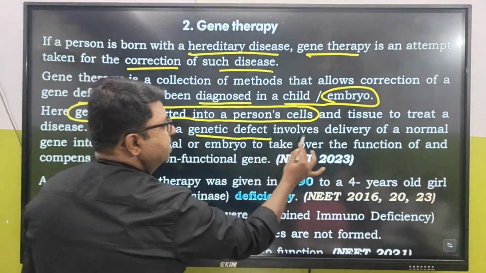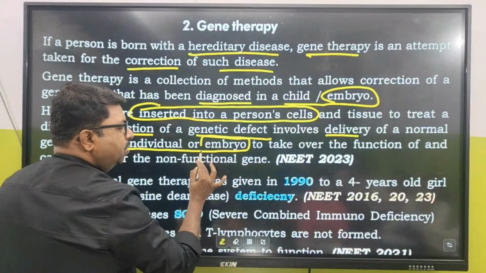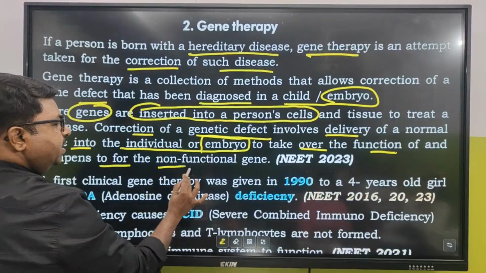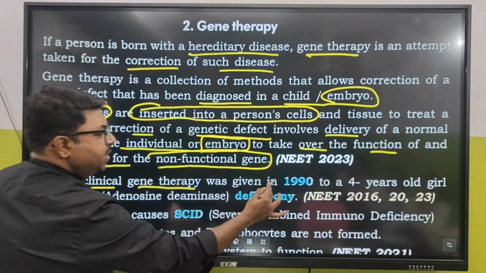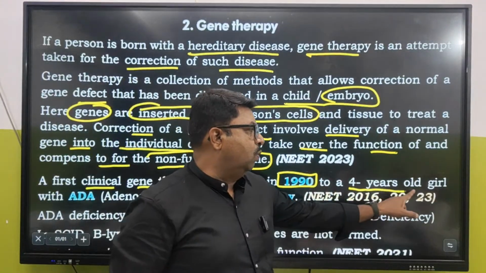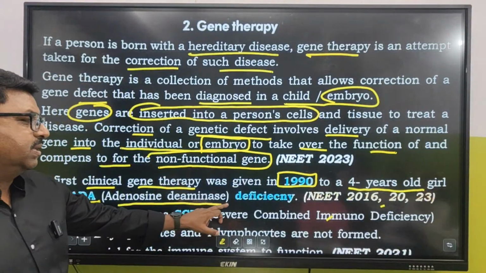Correction of a genetic defect involves delivery of a normal gene into the individual or embryo to take over the function of the non-functional gene. Our first clinical gene therapy was given in 1990 to a 4-year-old girl with ADA, adenosine deaminase deficiency.